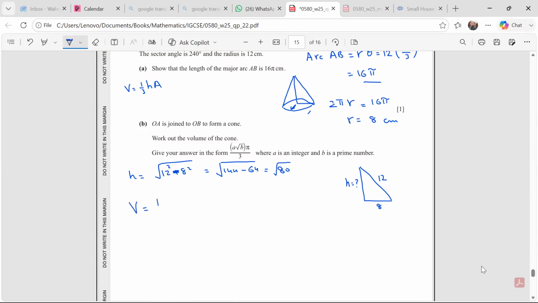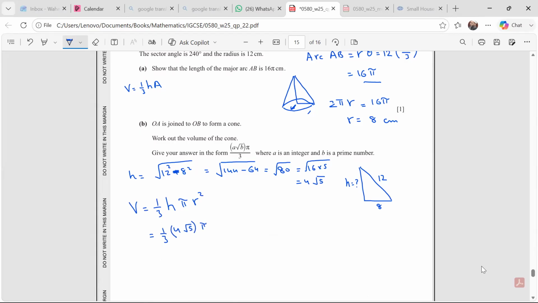Volume is 1/3 into height into pi r square. So 1/3, and height was under the root 80. 80 is 16 into 5, so if I take 4 out, this is 4 under the root 5. So height is 4 under the root 5.